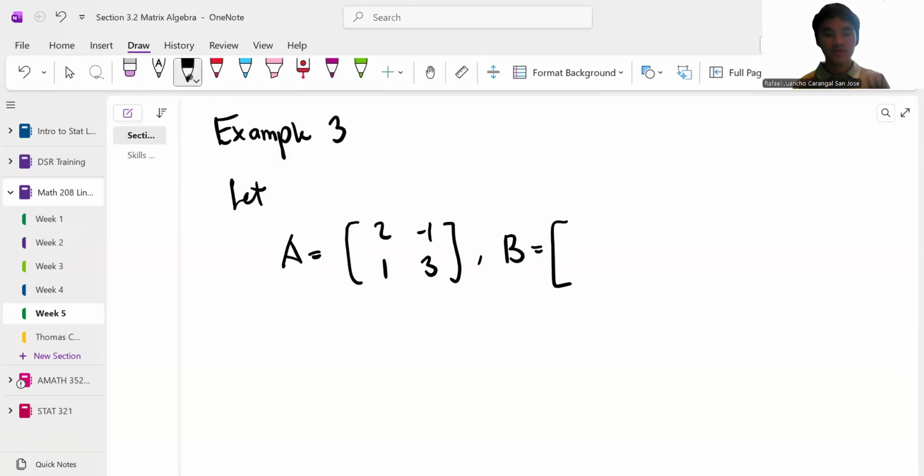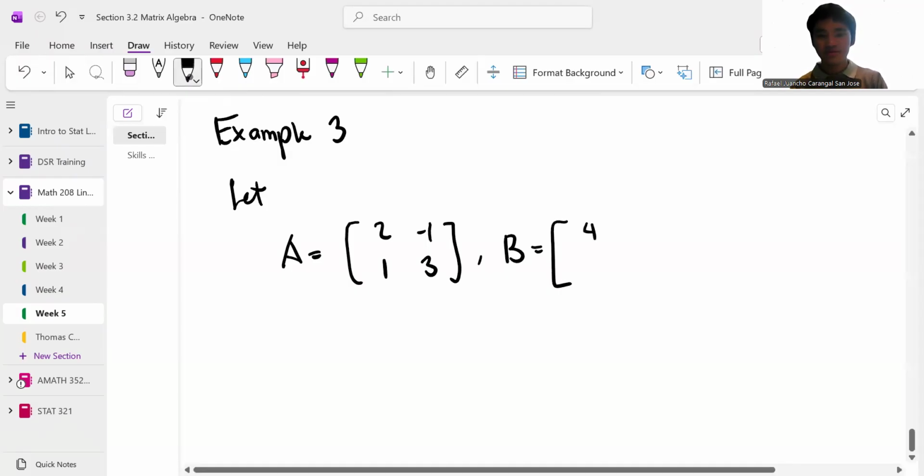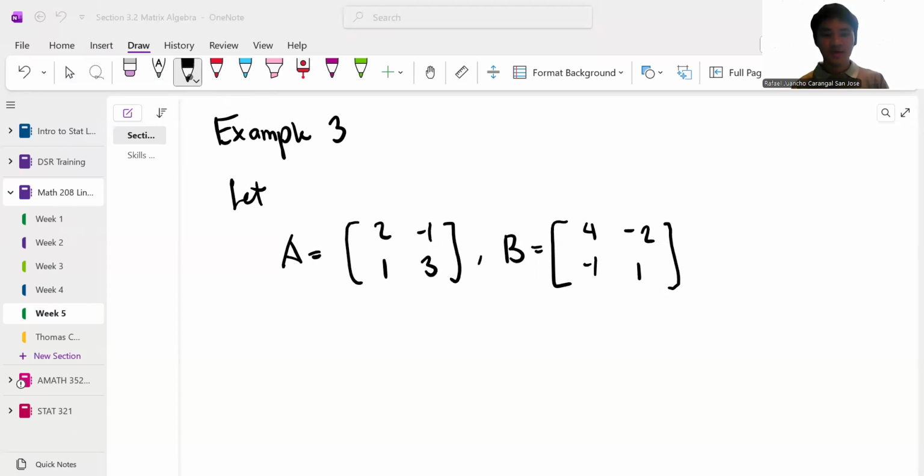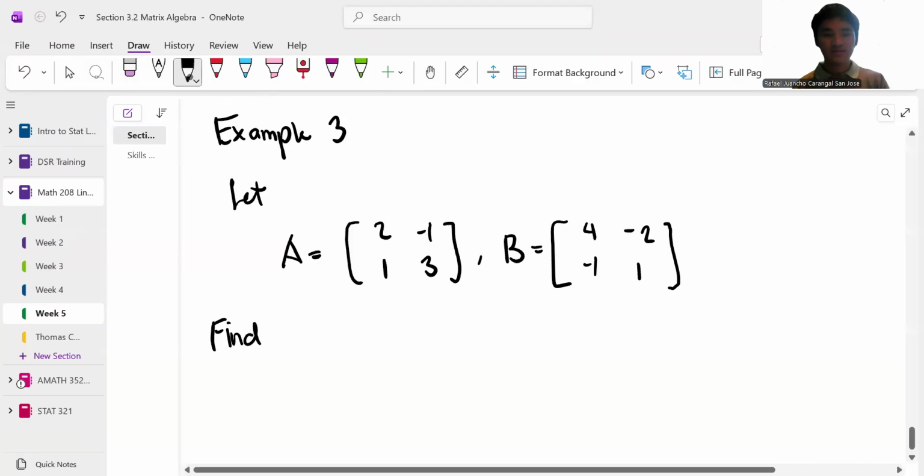And then we let B be another 2 by 2 matrix. Actually we call these square matrices since they have the same number of rows and columns. And we're being asked to find AB and BA if they exist.